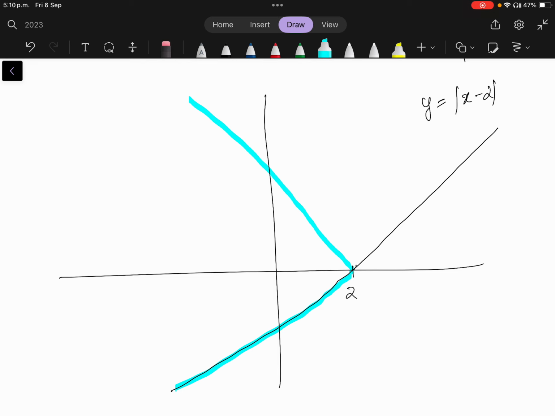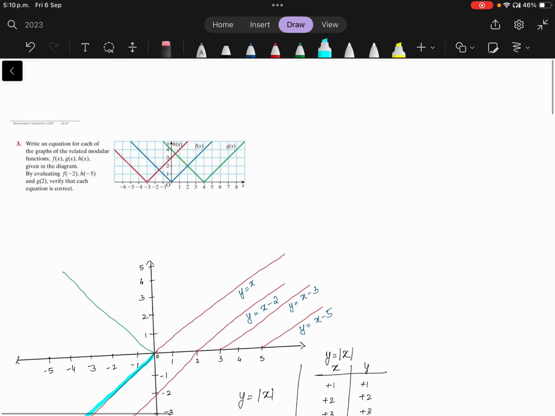So this diagram is called y is equal to modulus of x minus 2. Similarly, depending on the number which we have here, the graph will change. Now let us look back at the question.